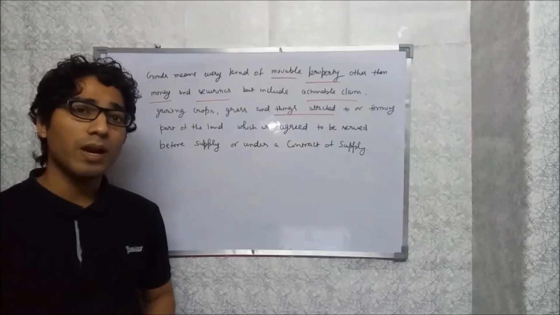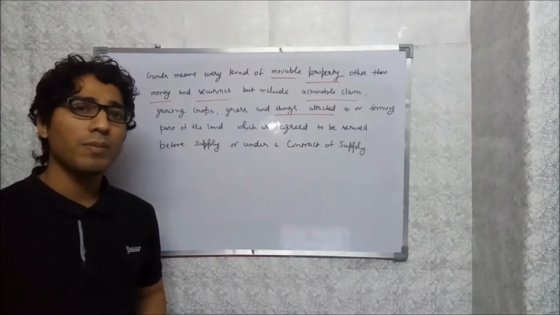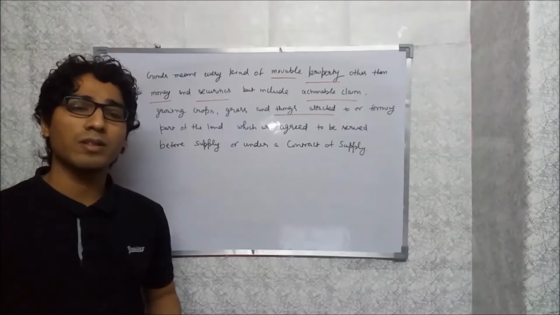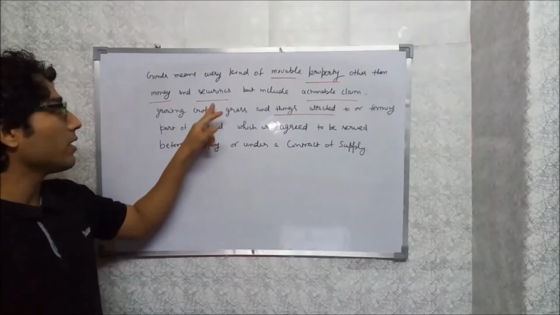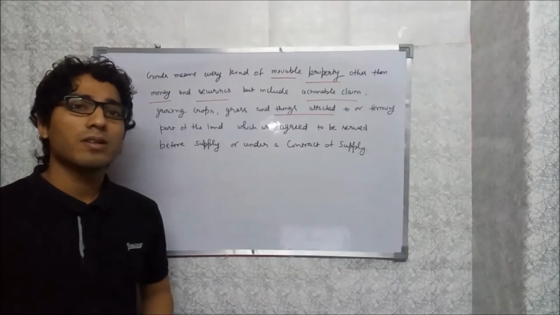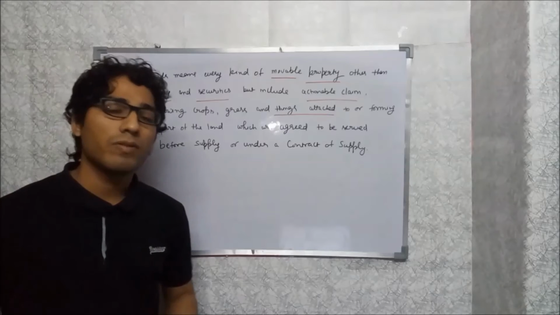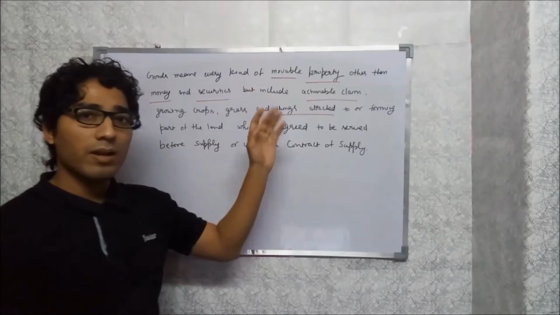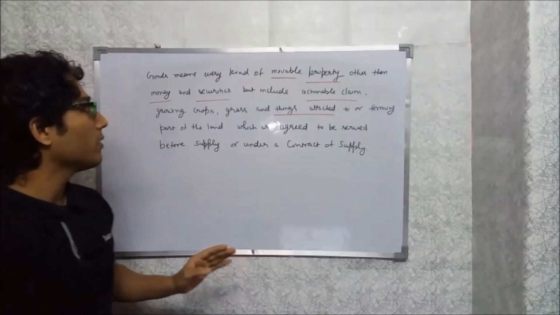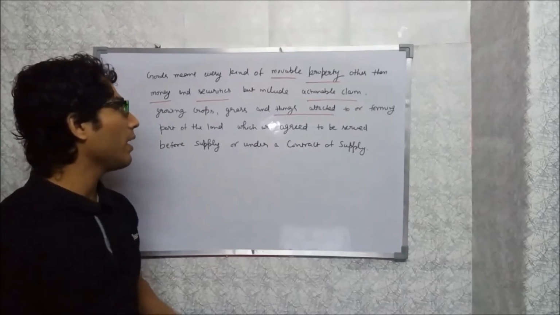Money includes the bill of exchange, promissory note, cheque, draft, etc. And securities means shares, bonds, debentures and mutual fund units, etc. So goods should be movable and can be intangible, but goods should not be money and securities.